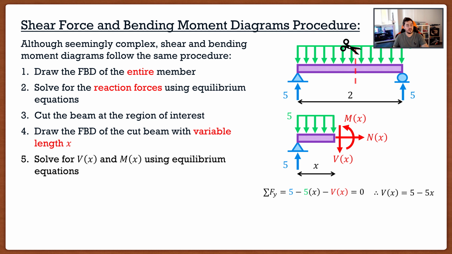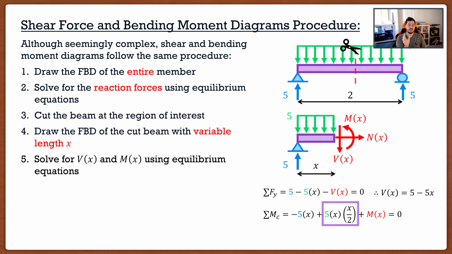If I wanted my bending moment, I can do the summation of moments about the cut, and I get negative 5 times x plus 5x times x over 2 plus Mx is equal to 0. Now again, it becomes a little bit tricky when we start dealing with these distributed loads. 5 times x, remember, that is the magnitude of this distributed load. And then I have to take that magnitude and multiply it by its distance to the cut.